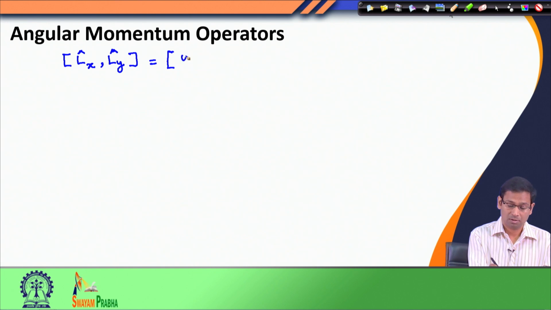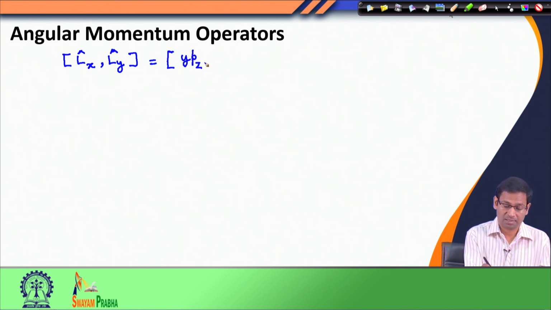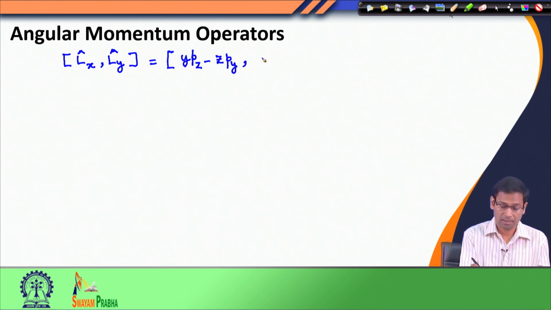So, Lx would have y p z minus z p y, Ly will have z p x minus x p z.